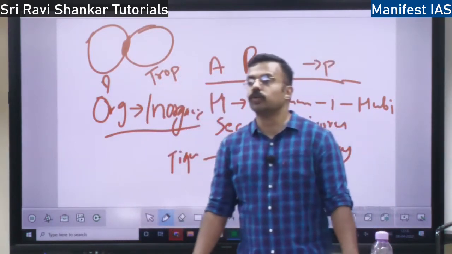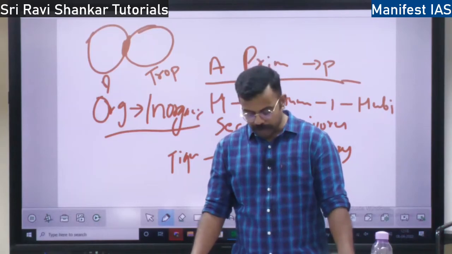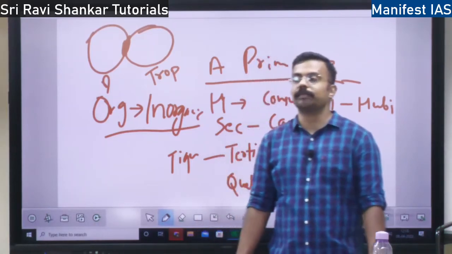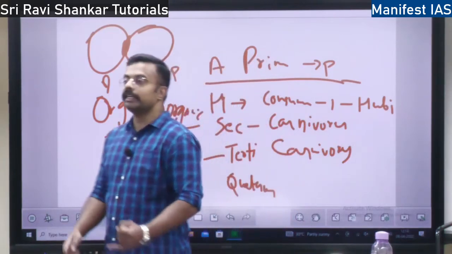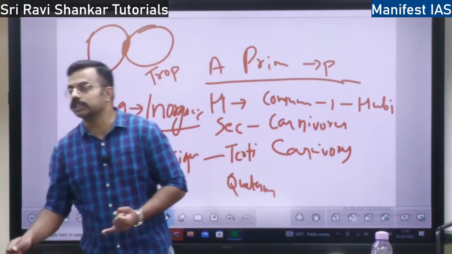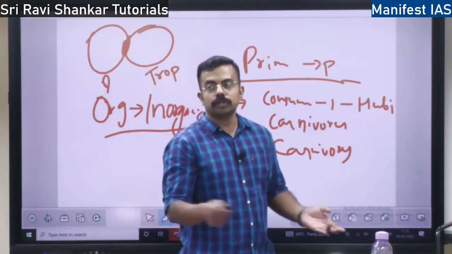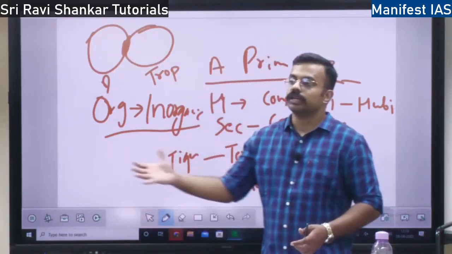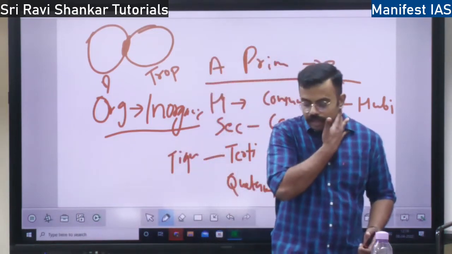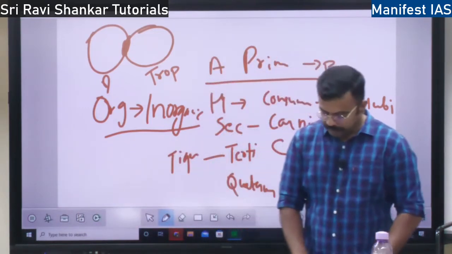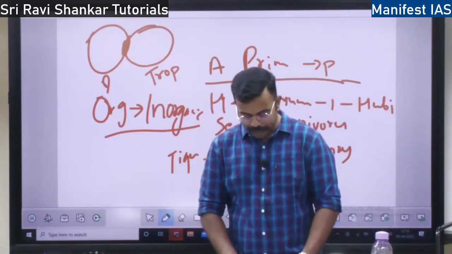Junction between two or more diverse ecosystems is called as ecotone. The best example is mangrove forest. See, mangrove forest has the characteristics of both ocean, because mangrove goes both on land and sea. So it has the characteristics of the ocean, also it has the characteristics of the land, right? So that is the best example, marine and terrestrial.